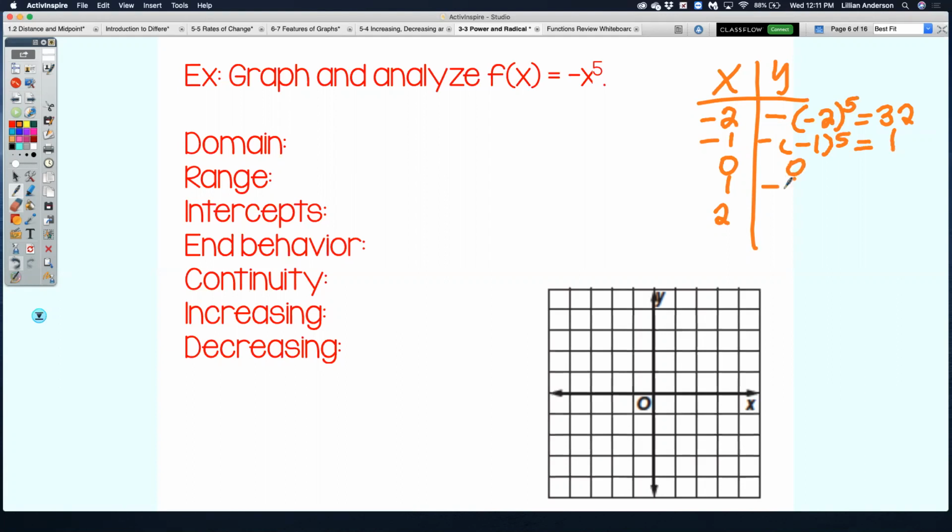When I do this next x value, what's that going to equal? -1. And then this one here is going to equal -32. So that is why those power functions where a is negative and n is odd point up to the left and point down to the right. Okay?